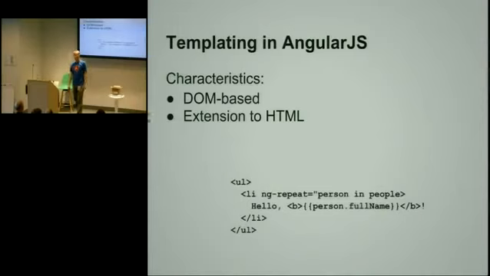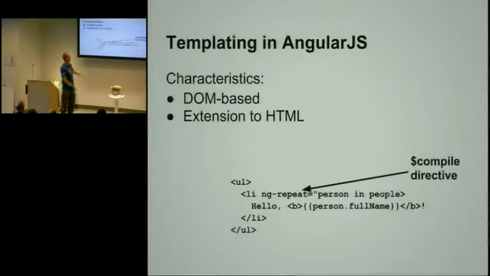So let's have a look at a simple template. In this case, we have a list of people, and we're just greeting everybody. So we have a UL, LI, and you ng-repeat person in people, and then we're going to print hello, the person's name, for any number of people in the people array.